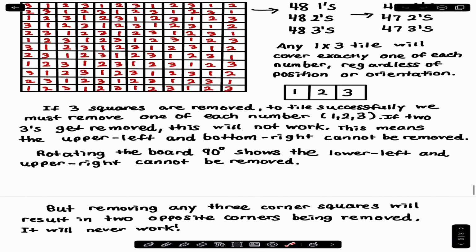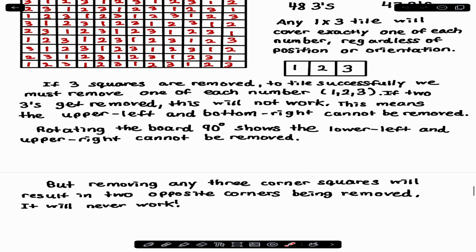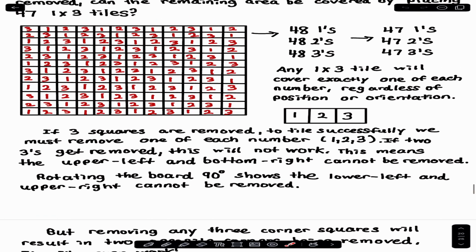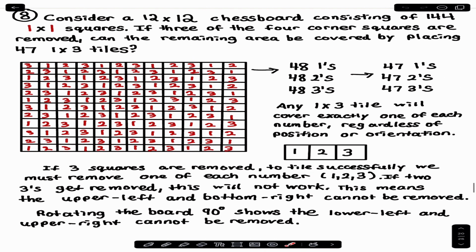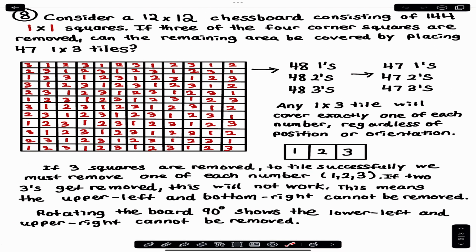So basically, no matter how we remove the 3 corner squares, it will always result in 2 opposite corners being removed, which is why this will never work. So in conclusion, it is not possible to cover the remaining area with 47 1x3 tiles. And that's question 8 done.